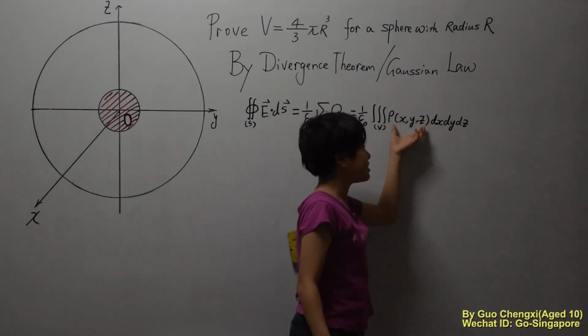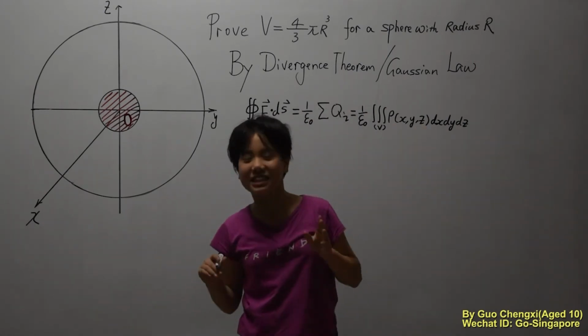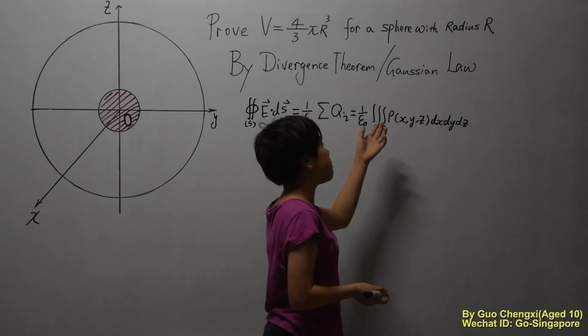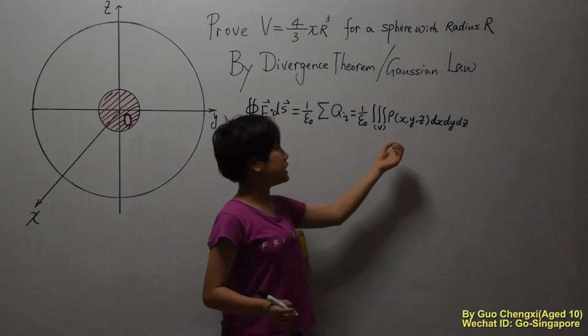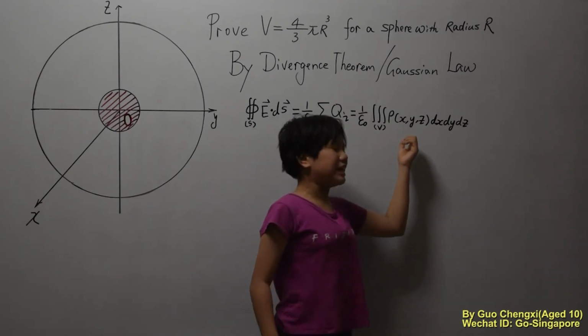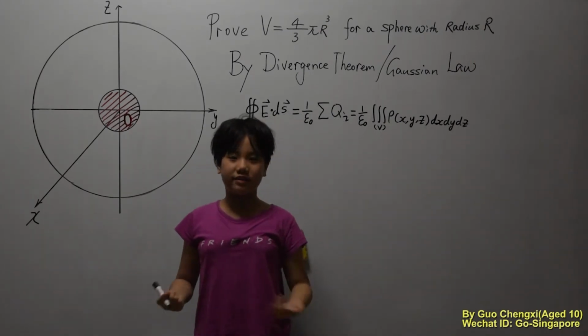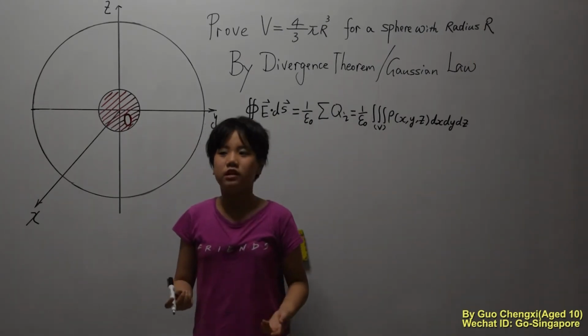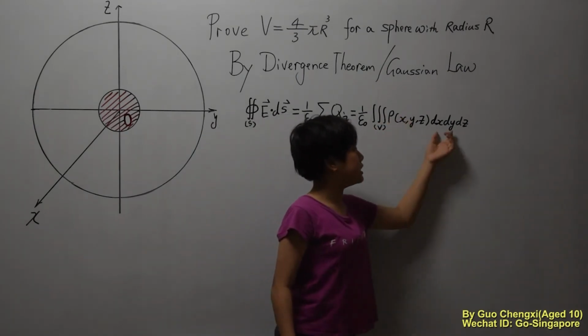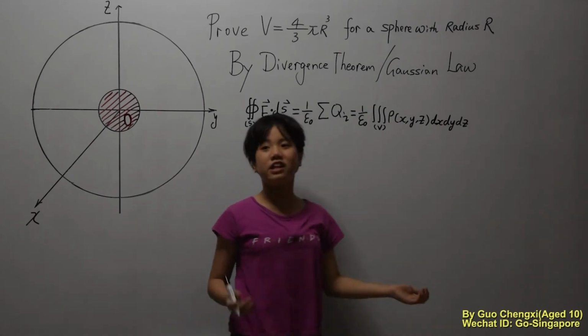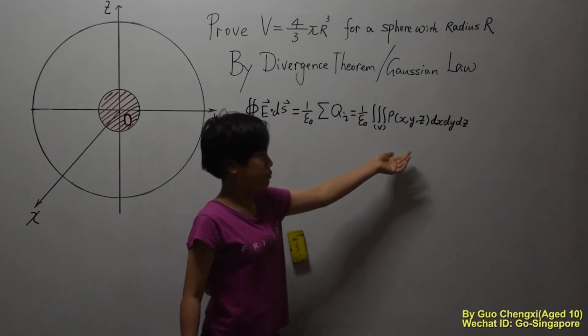Don't just say that this part is the integrand. Yes, this part is the integrand. But what is it for? This is basically the density. But wait, density of what? Density of water or what? This is the charge density, okay? And what is dx, dy, dz? Needless to say, this is obviously the volume.